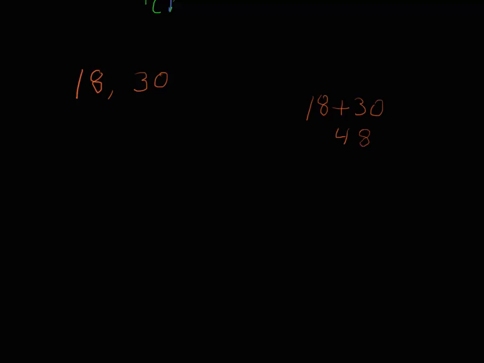And the smallest that third side could be would be 30 minus 18, which is 12. So the third side has to be bigger than 12, and smaller than 48. So the third side has to be between 12 and 48, and the third side cannot be either 12 or 48. Good luck!